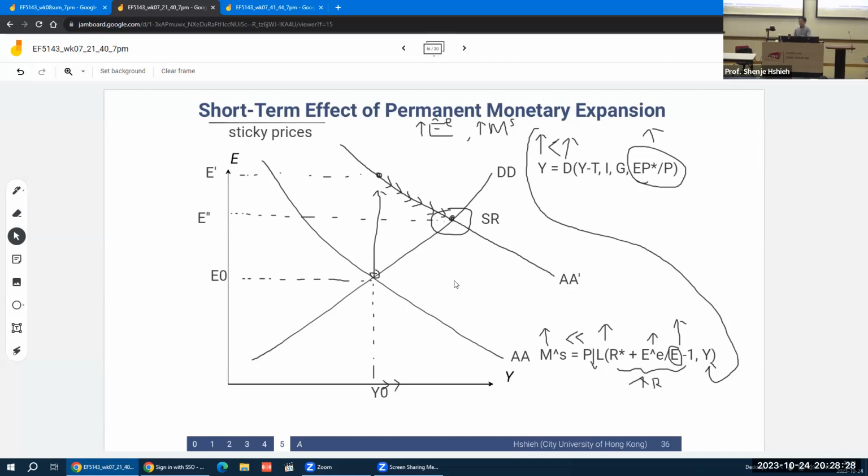All right. Comments, questions on the short-term effects of permanent monetary expansion? I'll talk about the long-term effects after the break. I have a quiz for you again for today. Let me pass that out, and then we will reconvene in 10 minutes.